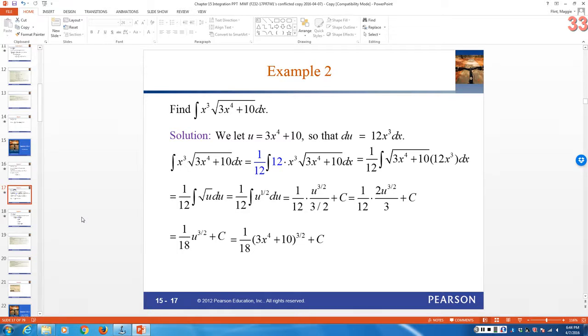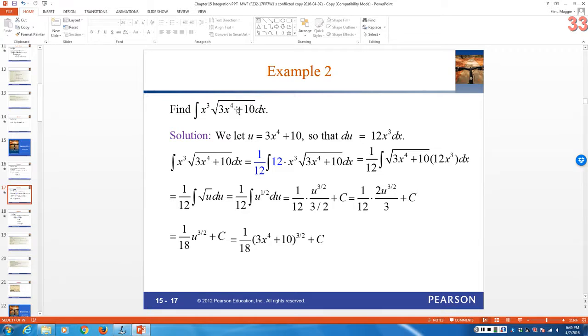Find the integral of x to the third times the square root of 3x to the fourth plus 10. Here again, we want to change that square root eventually into something to the 1/2 power because it'll be easier. But in the beginning, what's under the square root is going to be our u.